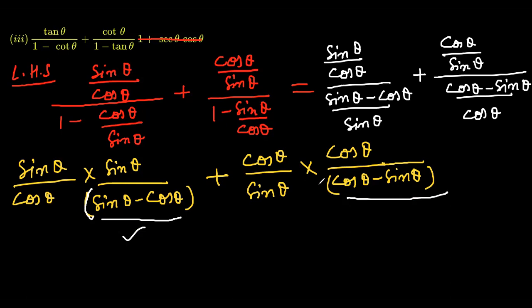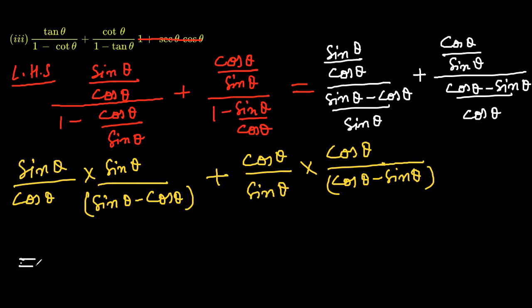So if -1 is taken common, the sign of the terms inside the bracket changes. So that's what we are going to do, and we will write that minus sign here in front, and actually that can be written in the center as well. So the next step would look like this.